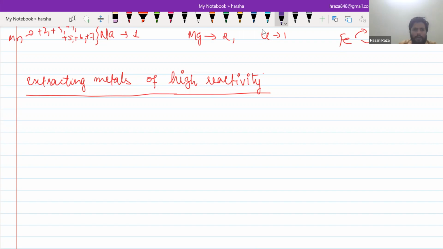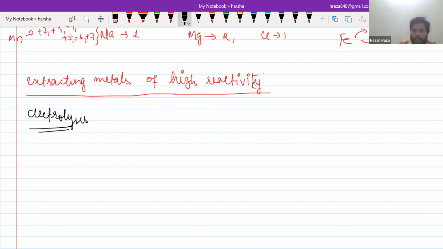I told you when I drew the chart that metals with high reactivity will be refined or extracted with a method that is called electrolysis. So what is this electrolysis?